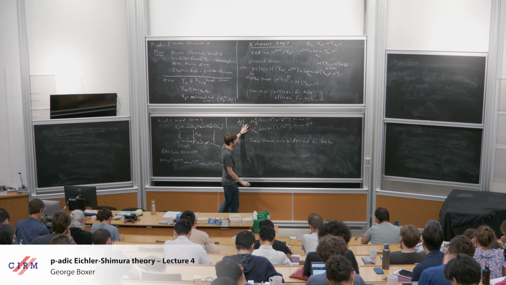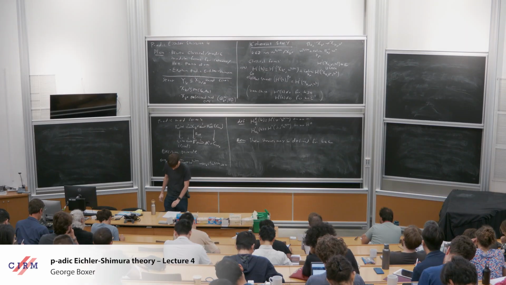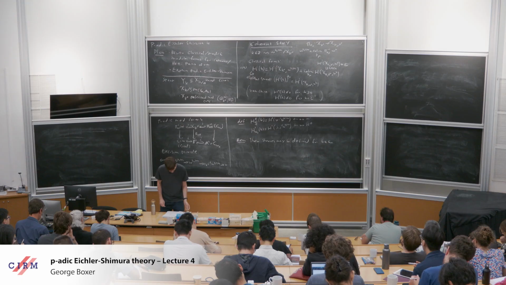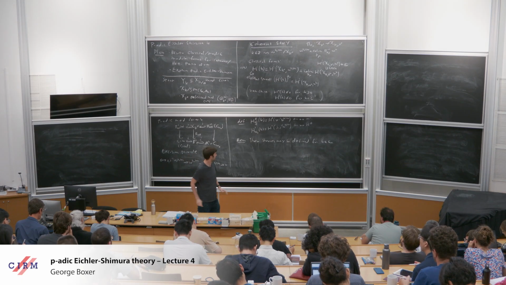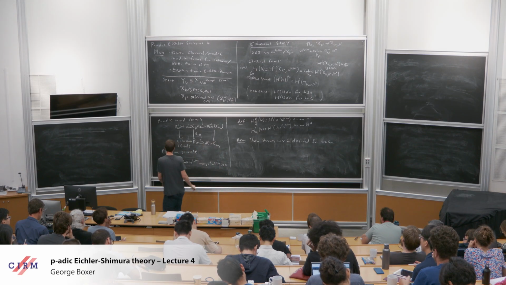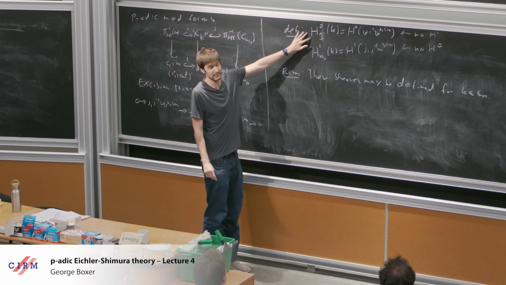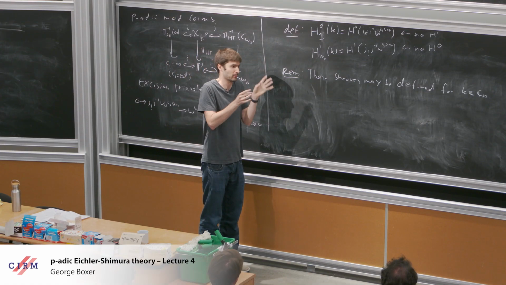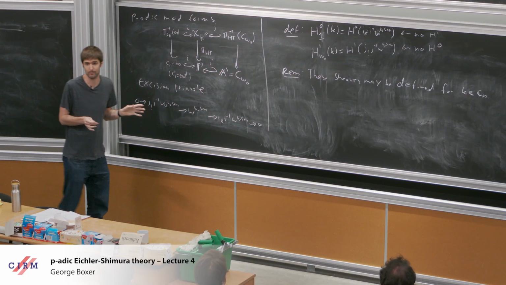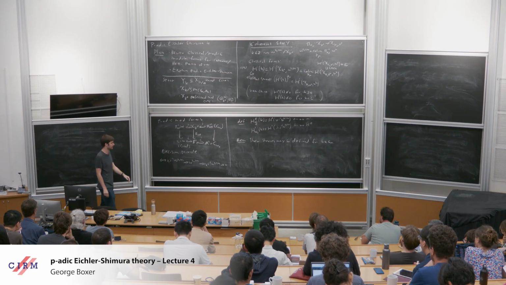So I just consider the case where the weights are integers, okay? And so let's try to understand what is the point of these spaces, and I'm eventually going to explain why this really is the usual, or related to the usual definition of overconvergent modular forms as defined in Illich's talk, in fact.